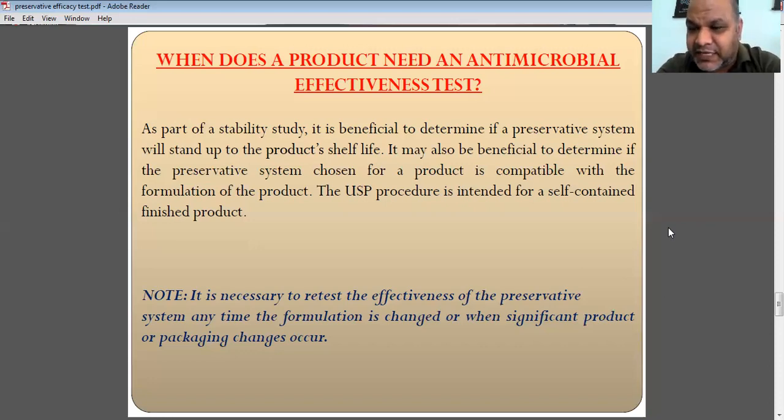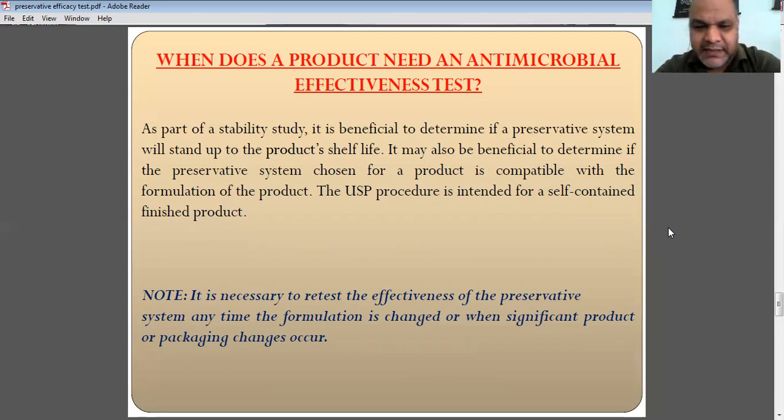We can say that when the product is finished, it has its specificity, like tablets contained in sachets or in a tablet packing, like alu packing or blister packing. So these are the self-contained packs that we have to use in these particular testings.